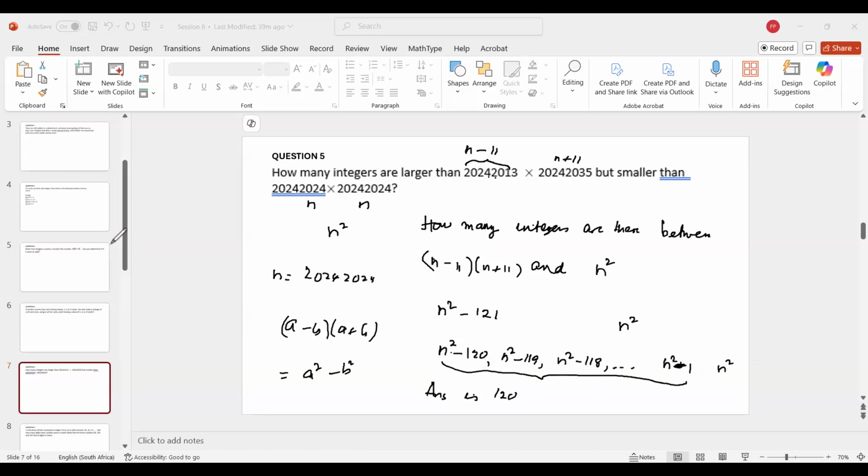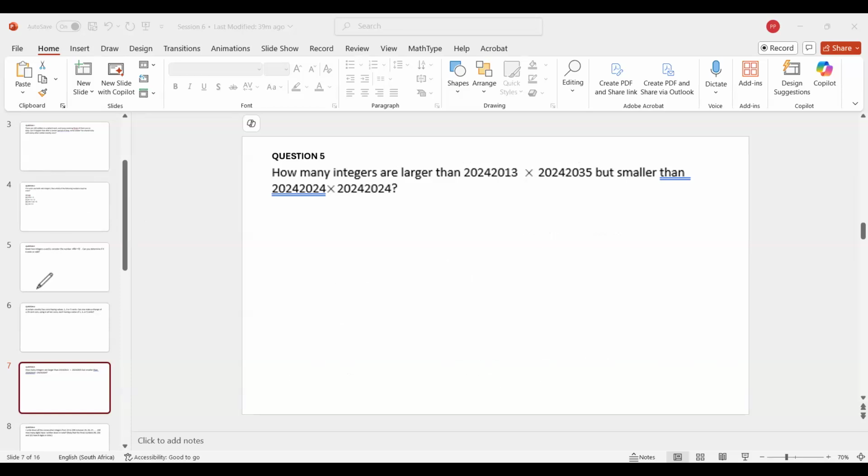Now, at this stage here, I just want to pause a little bit to explain something. See, very often you have this question here. How many numbers are there? For instance, 18, 19, 20, all the way up to, say, 37.